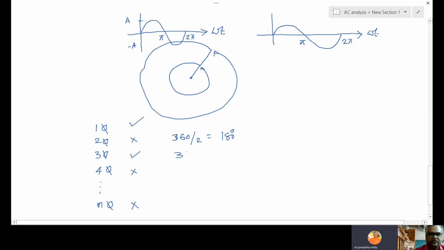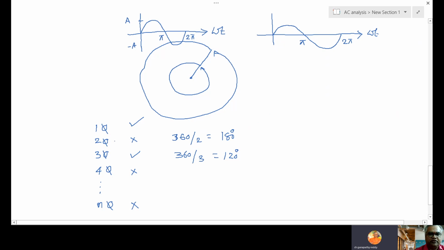The three phase advantage is 360 by 3, so 120 degrees each. Smoothness is improved. If we go for four phase, more smoothness will come, but the generation cost, transmission cost, distribution cost, motor winding complexity and repairing cost will increase. So cost keeps increasing from four phase, five phase, and so on.